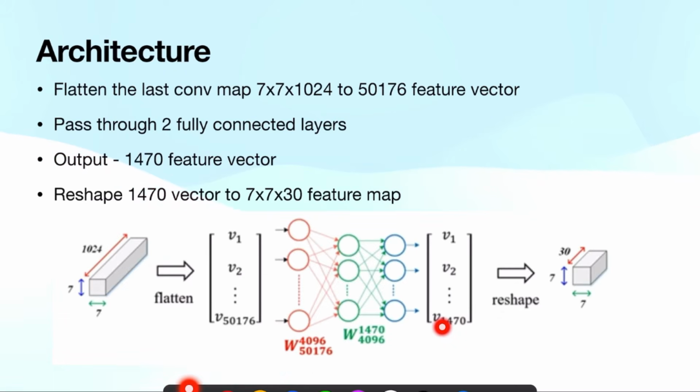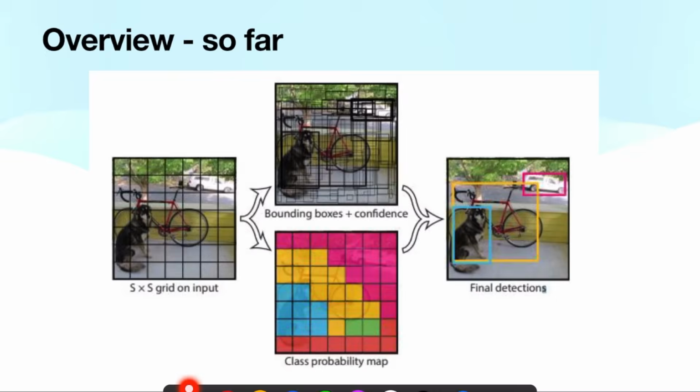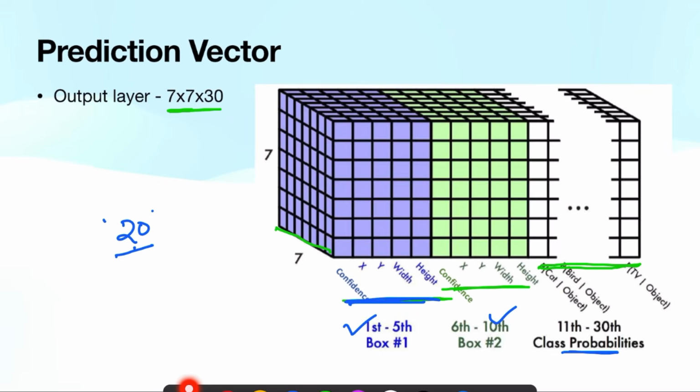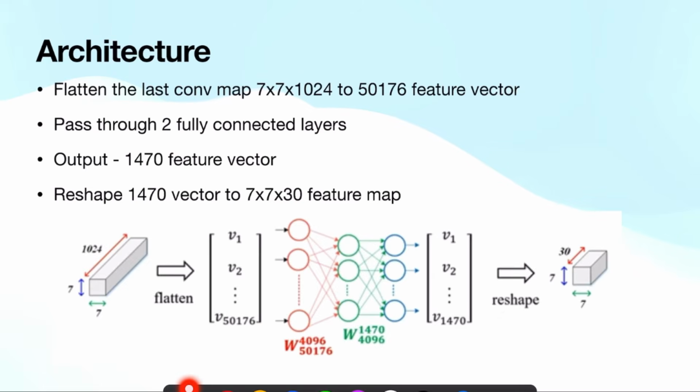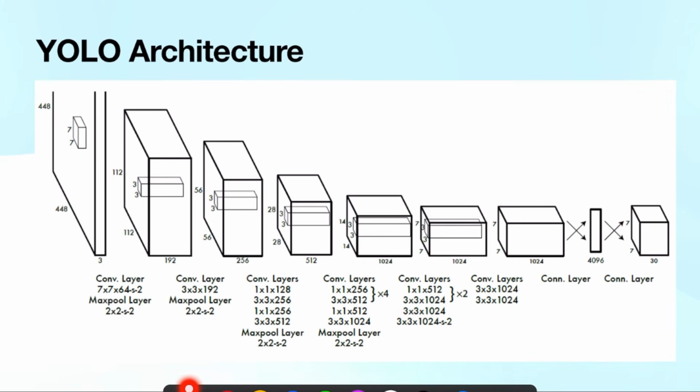You can reshape this 1470 as 7 by 7 by 30. This 7 by 7 by 30 is what we have seen here, right? That is our final network output, and we already saw how to parse that to get my final predictions.